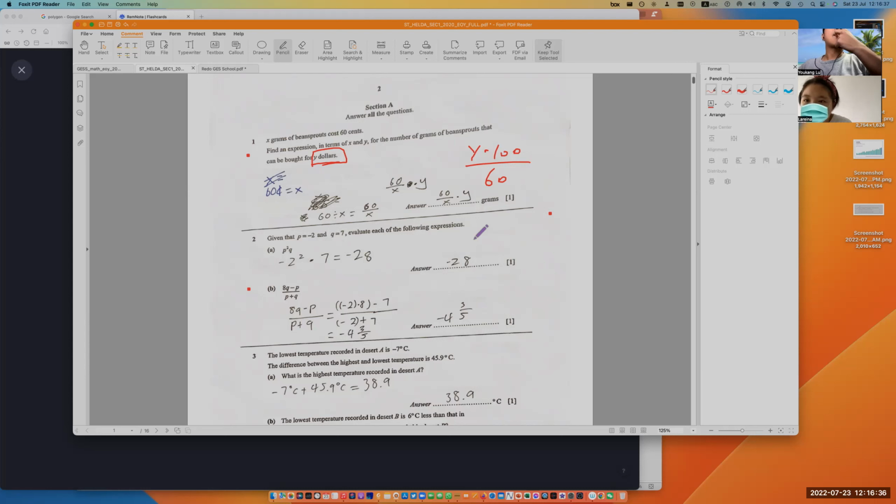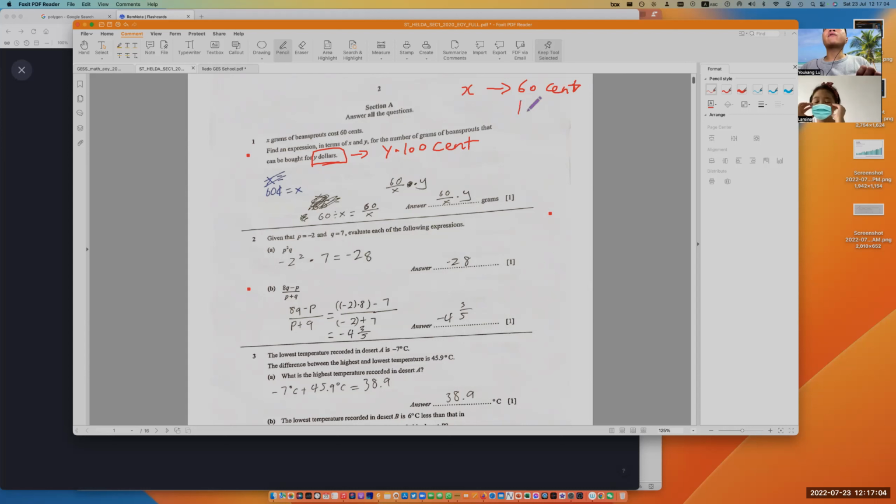You understand or not? Times 100, because you need to convert the dollar into cent. So first thing, you need to convert the dollar into cent. So it's times 100, so this is cent, right? X gram is 60 cent, so we use proportionality.